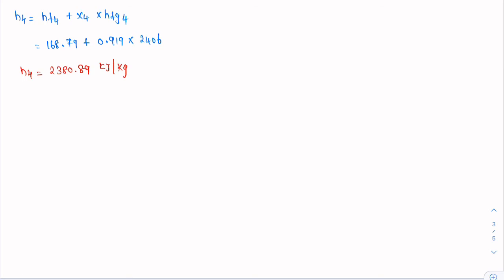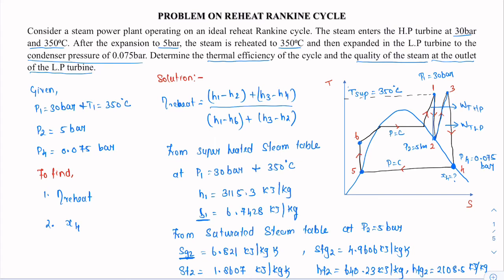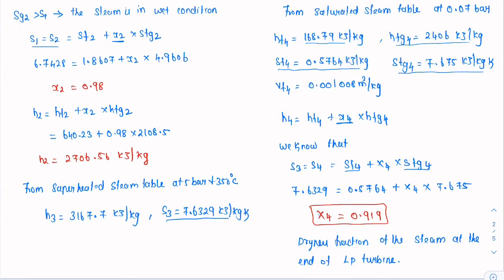Now we have found the value of H4. The only value which is remaining is the H6 value. This is the only value which remains unknown, and we have to find the value of H6.